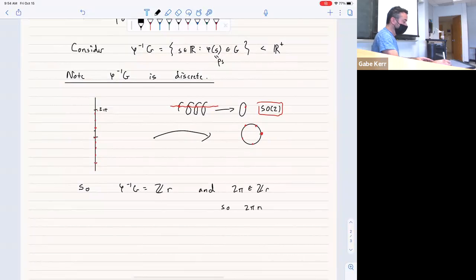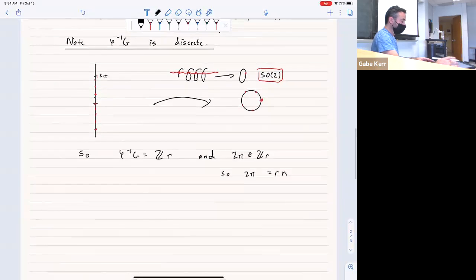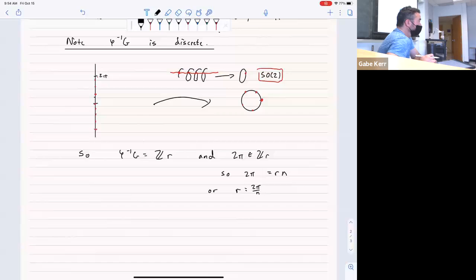So we can say 2 pi, now we'll use our n, 2 pi is equal to r times n, where r is equal to 2 pi over n. And once we know that, we know everything else in the inverse of G is a multiple of 2 pi over n.